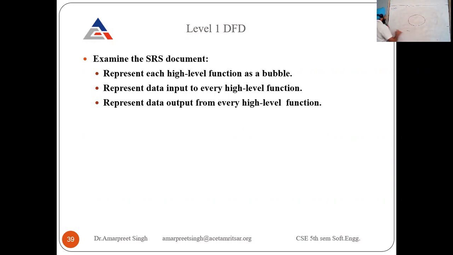All the external entities we represent as rectangles. All the data needed we represent as a data store, or if data is given directly as input, then it will be the data input, and the final output will be the data output. So we have to look at the SRS document first of all.